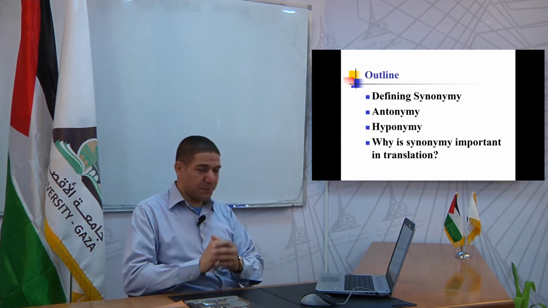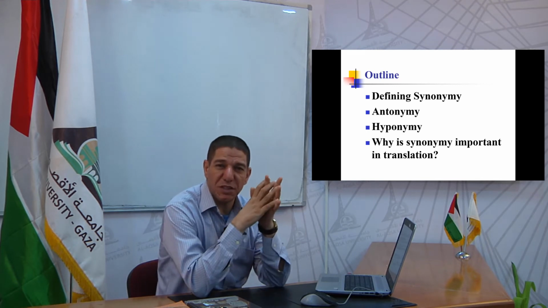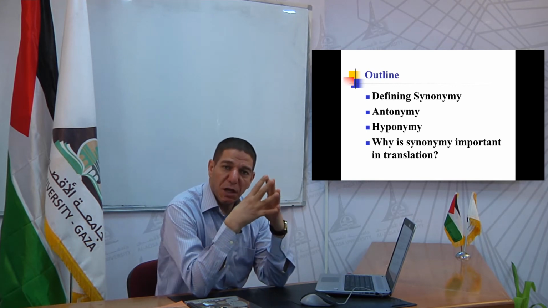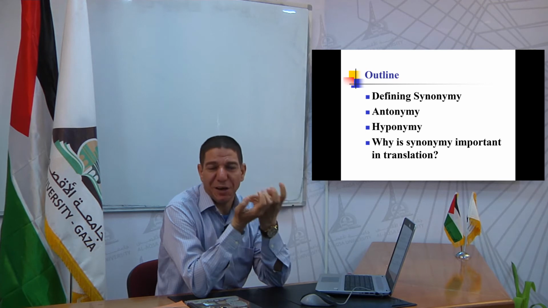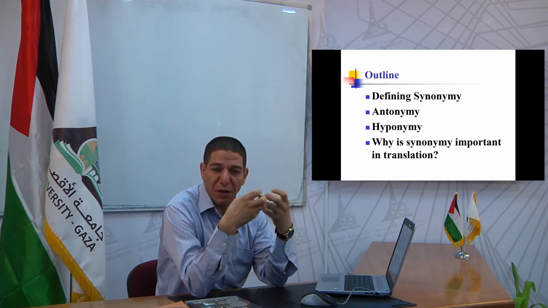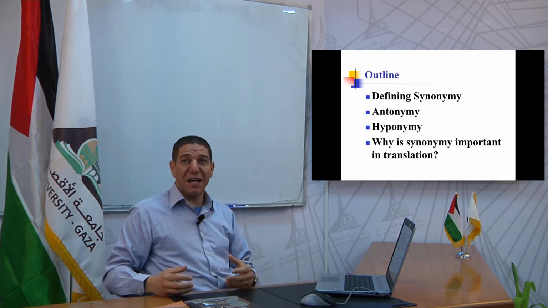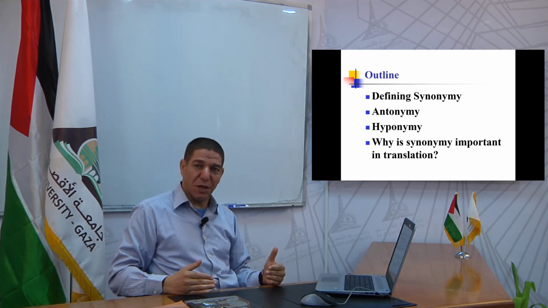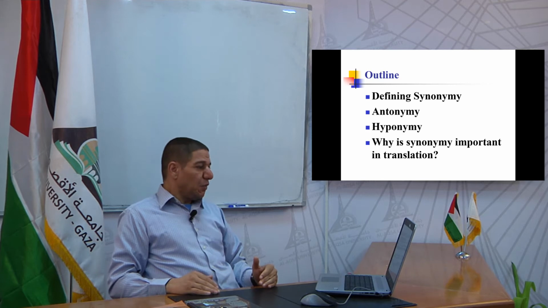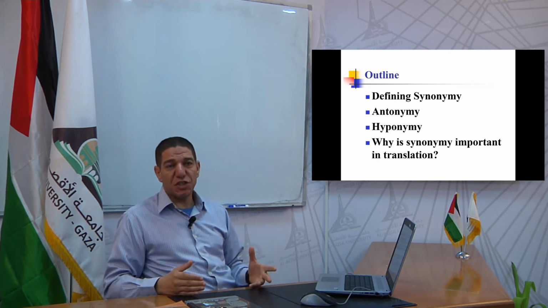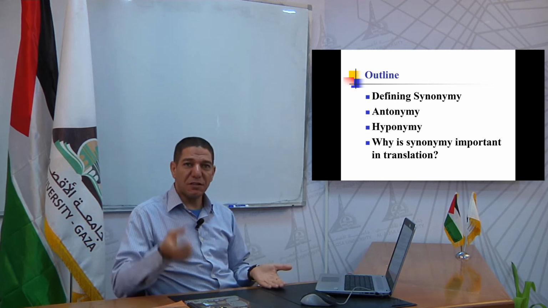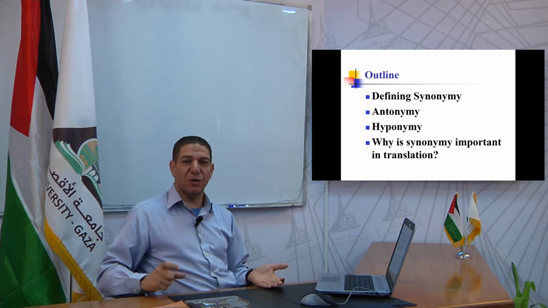Synonymy is important because it relates to words, and words are the body of the language. You cannot deal with the language without taking care of words in contexts and otherwise. When we talk about literal translation, we talk about a certain way of dealing with synonymy.